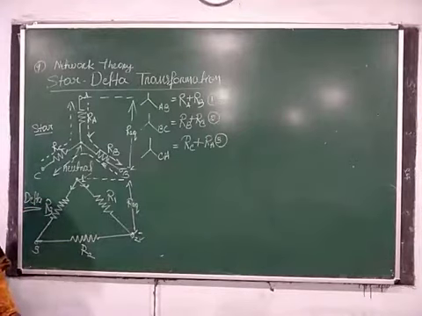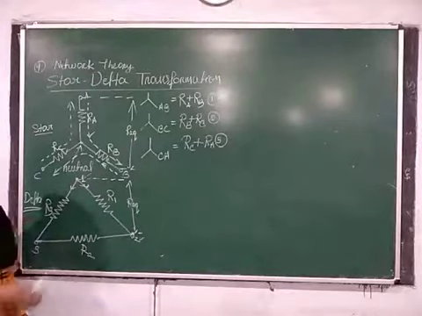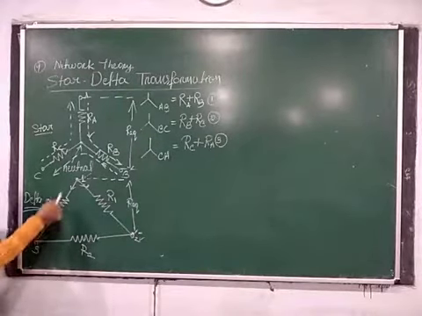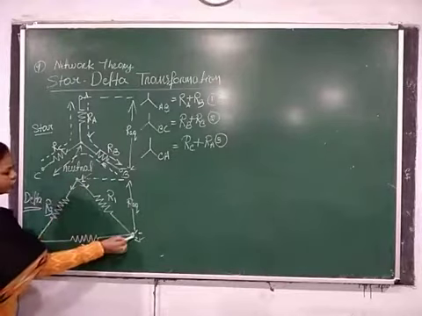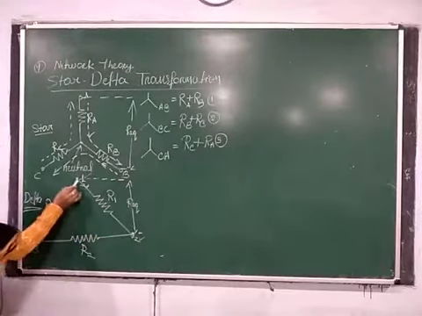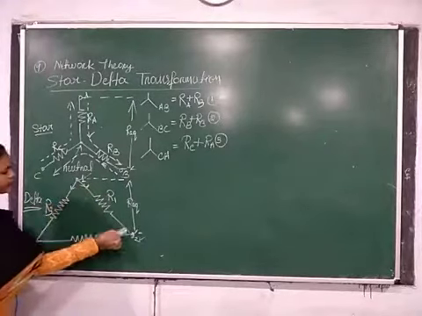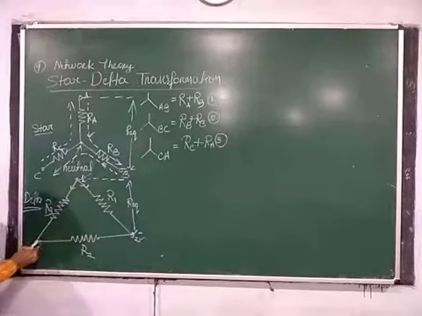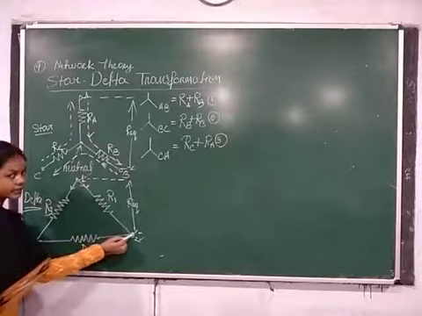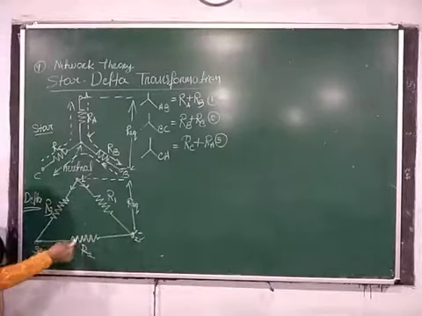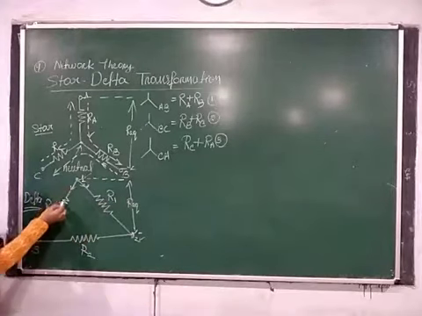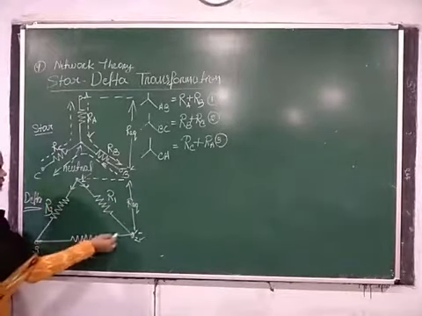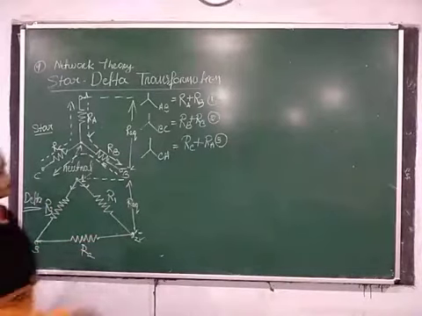You know that where currents divide, those paths are in parallel. So between points 1 and 2, this path and this path are electrically in parallel as branches. So R1 is in parallel with the series combination of R3 and R2.